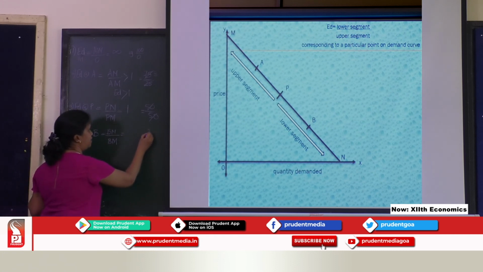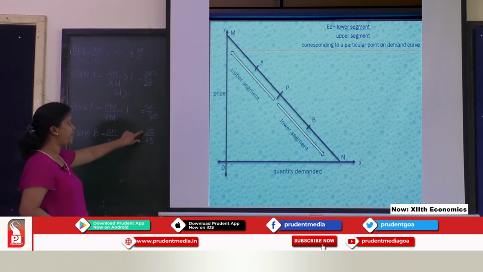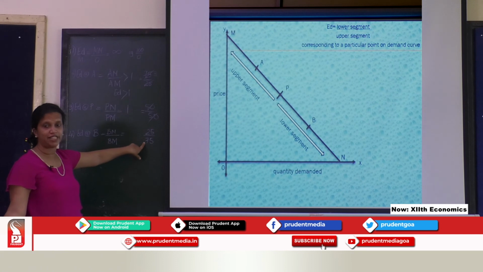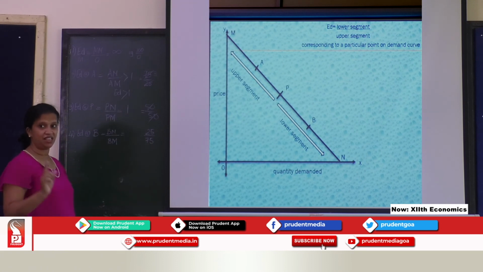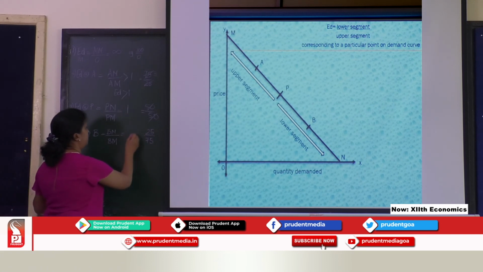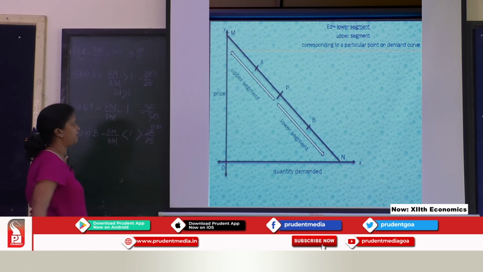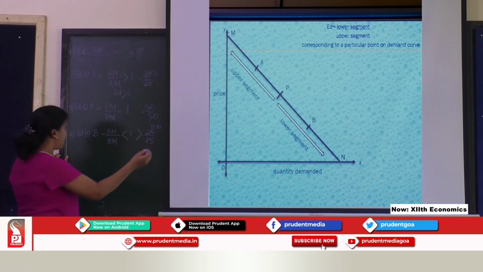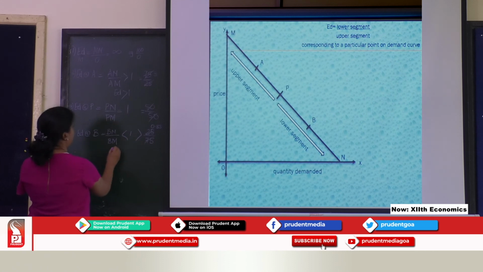So it is like 25 divided by 75. A smaller number divided by a larger number will always give me a value which is less than 1. If I divide this, I get 0.33, right. So therefore, ED in this case is less than 1.